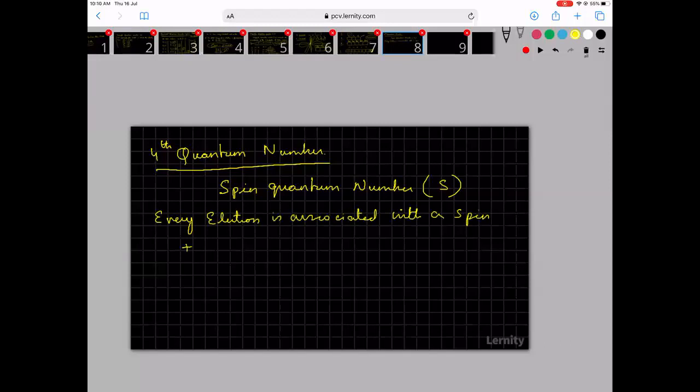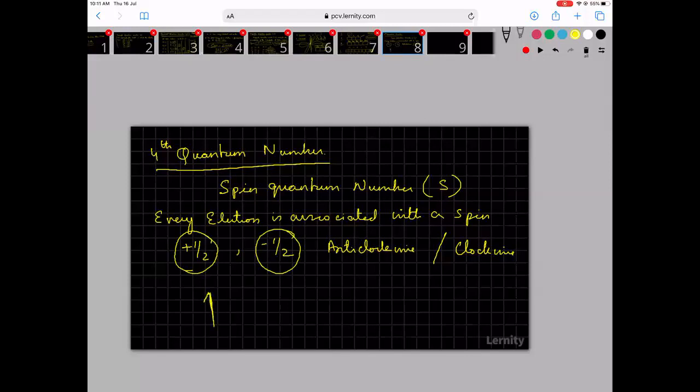It will be either plus half or minus half. That means it can either be spinning anti-clockwise or clockwise. So accordingly, every electron is associated with a spin quantum number. That spin quantum number takes only two values, plus half and minus half.